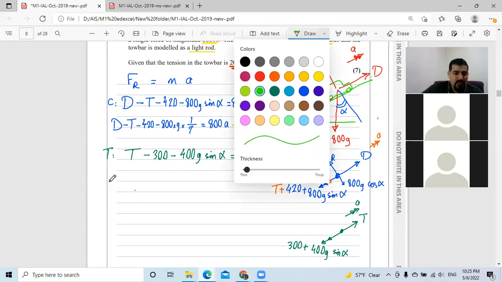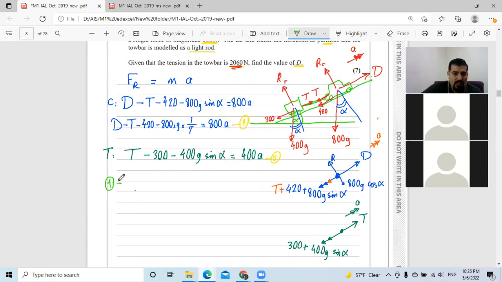I'll make first equation plus 2 multiplied by second equation, or minus 2, so that both of these cancel out each other.